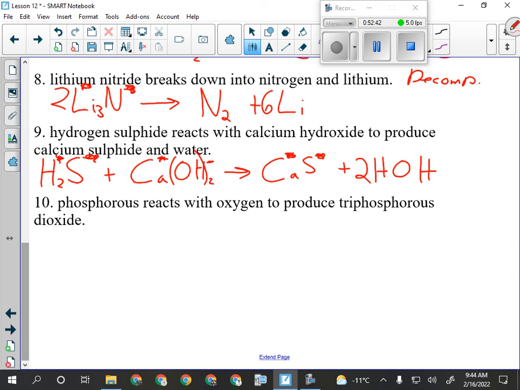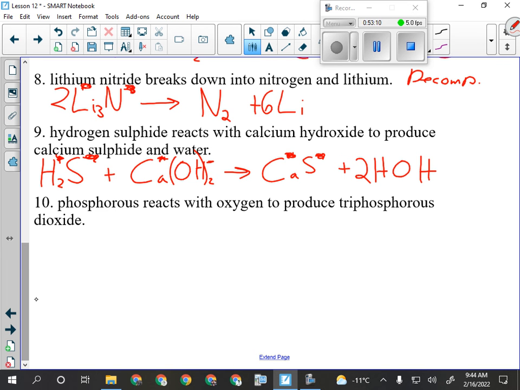When I do that, that also gives me 2 hydroxides, of which there are 2 over here. And now I'm done. The rest of the equation is balanced. There's 1 calcium on each side, there's 1 sulfur on each side. Everybody all right with that one? Don't be afraid to speak up if there's something you lost. This is a double replacement reaction.